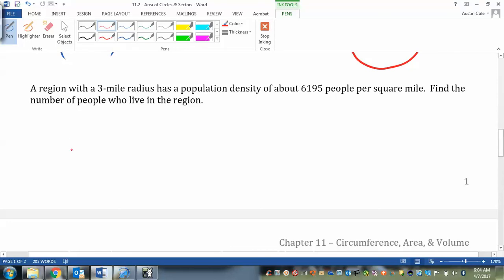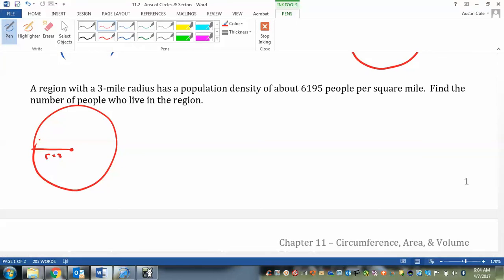So if I have a circle again, and our radius is 3, here's my circle. I don't know the population in there, but I know for every square mile in there, there's 6,195 people. I want to find how many square miles are in that region. So we're going to find the area.